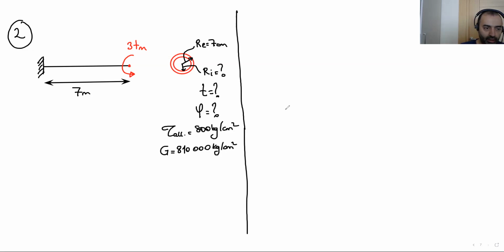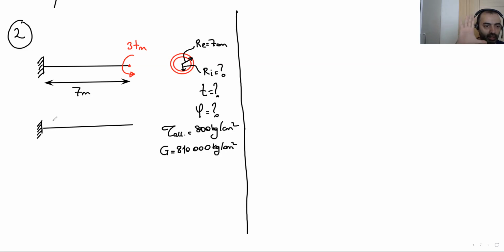So this is the torsional moment. Let's draw the beam again here. Let's convert this moment to a moment vector. We are going to use the right hand rule.